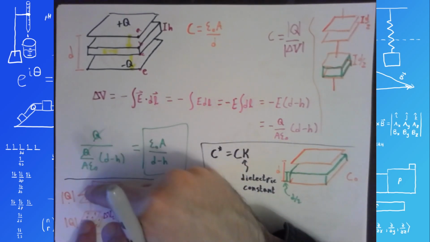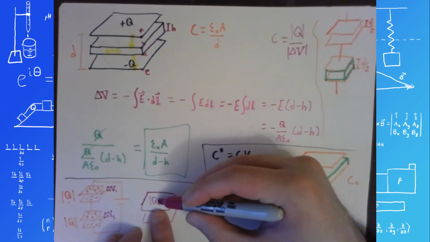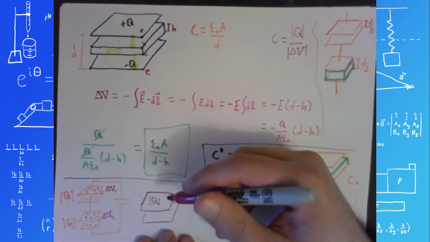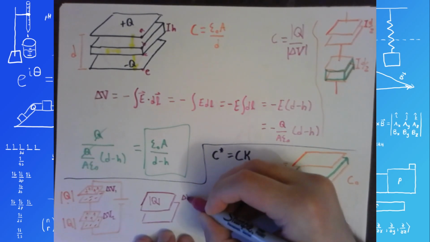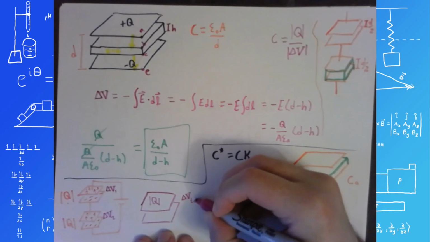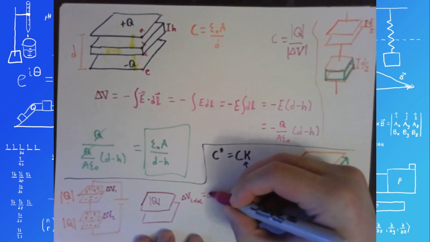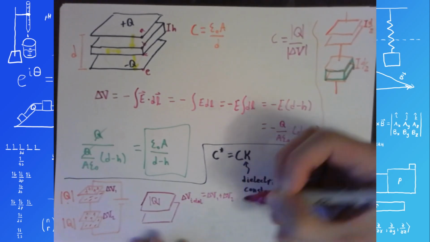And if I want to replace these two capacitors with a single one, then I want to have the same total charge, which is already the case for the original capacitors, and the same total voltage. So I want the change in voltage here, delta V total, to be delta V1 plus delta V2.